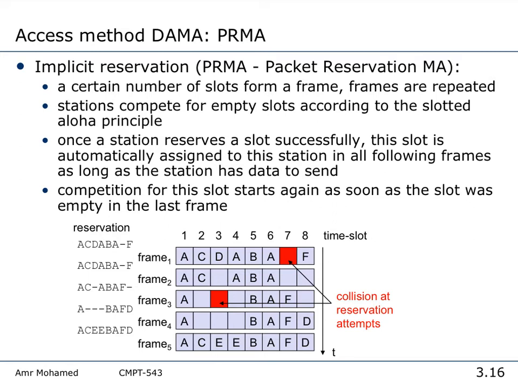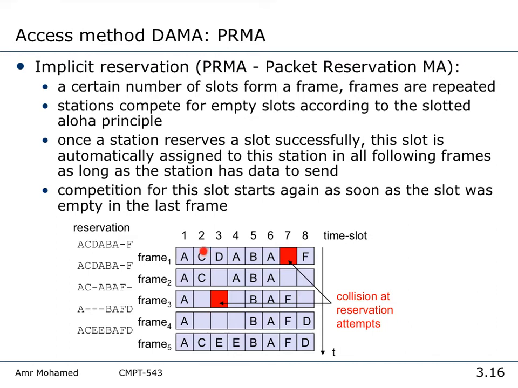Which means that, as you can see here, node A, from frame 1 all the way to frame 5, has data to send at all these time slots. So as long as node A has data to send, it can send.